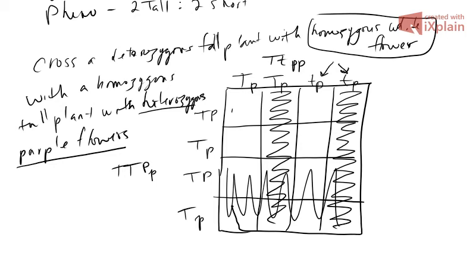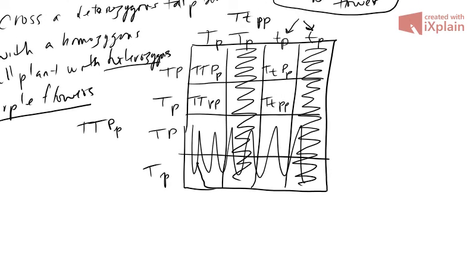So we have capital T, capital P, lowercase p, capital T, lowercase t, capital P, lowercase p, capital T, lowercase p, and capital T, lowercase p, lowercase p. All right, I'm just going to move this up here, and let's do our ratio. How many of these do we have?